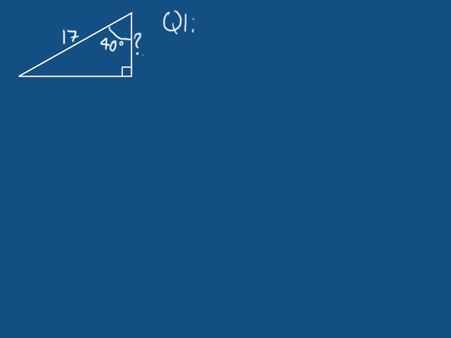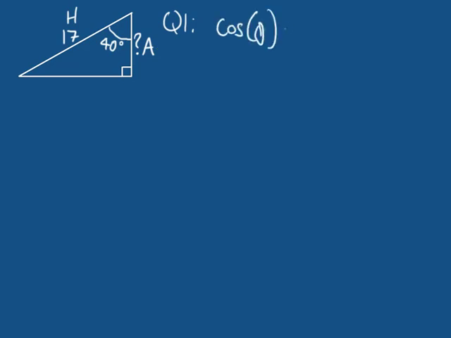Okay, welcome back everyone. So we know that our angle is 40 degrees and we know the length of our hypotenuse is 17. And we're trying to find the length of this edge here. It touches our angle, so we're trying to find the length of our adjacent edge. So we need a ratio that relates our hypotenuse and adjacent edges, and we've seen that that ratio is our cosine ratio.